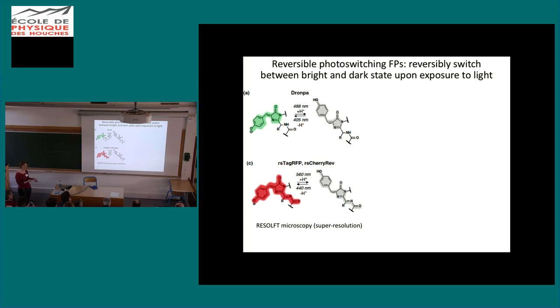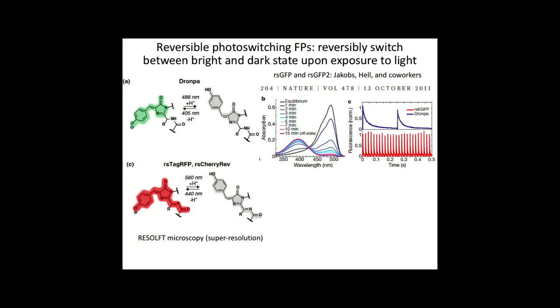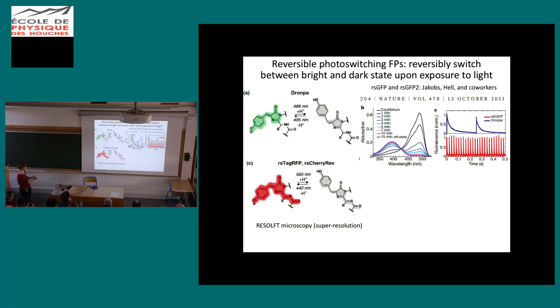And I think where these became very popularized is in the use of using these for RESOLFT microscopy, which you have heard some about over the course of the week. And recently, I think it's true that probably the best fluorescent protein for RESOLFT is now this reversibly switching GFP2, which was developed by Stefan Jakobs.